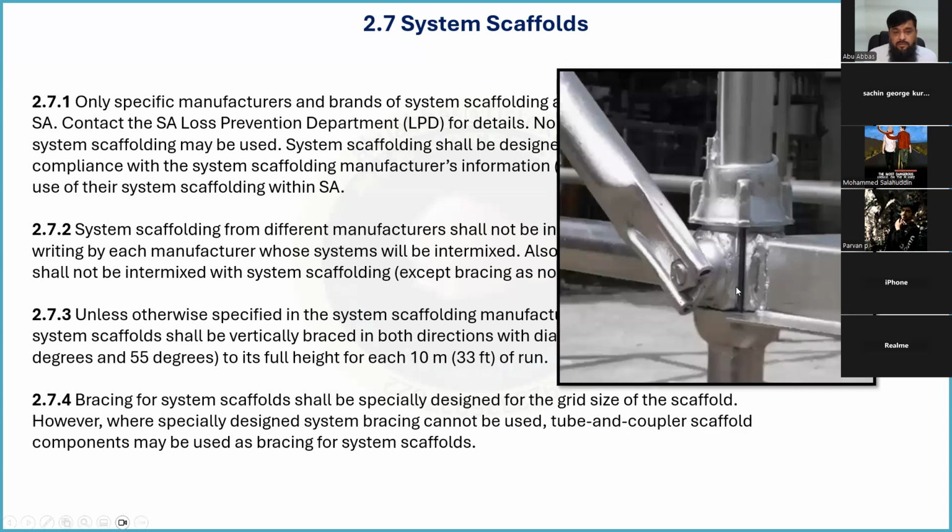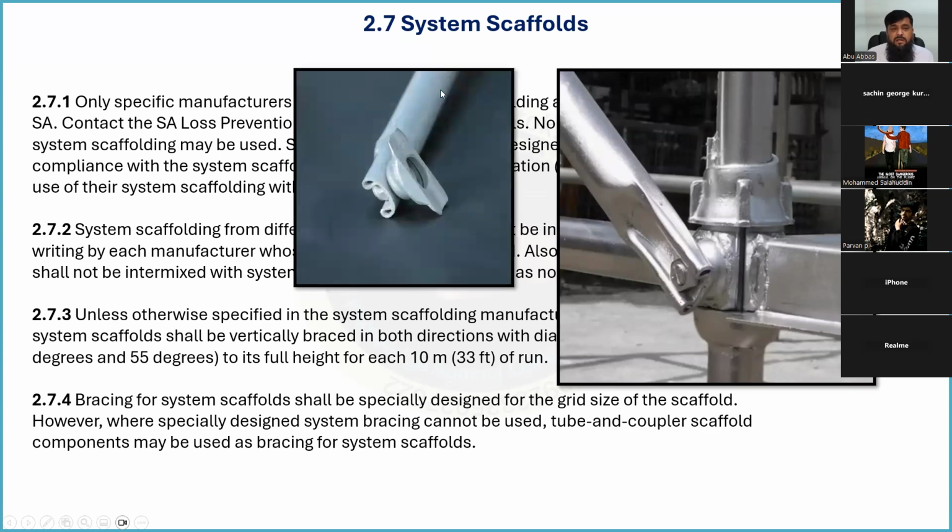This is the reason you can see here, like a cup lock. A transom seems here, but anyhow, our bracing is fixed. This bracing we cannot fix other than this point, so they are with a particular length, from one bay to another, designed with the system scaffold.